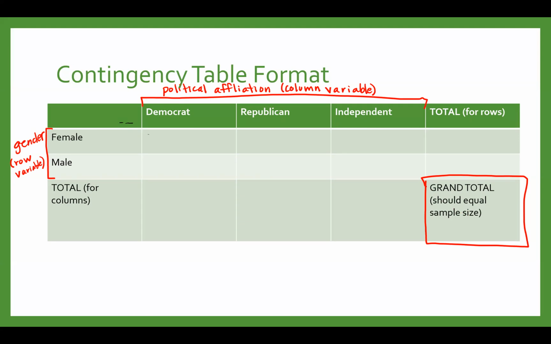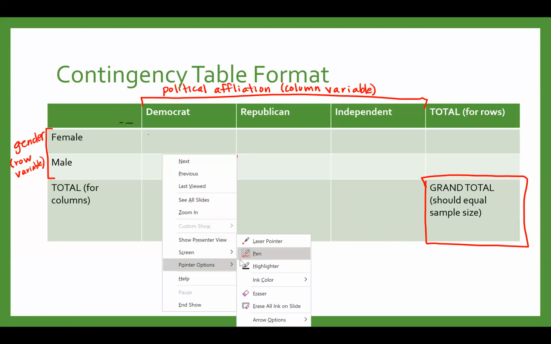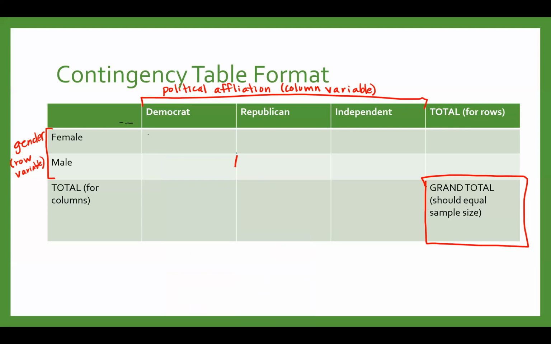Now, let's think about how to read this. For example, we don't have any numbers in here, but if we had numbers, if we were looking at this particular cell or block on the table, notice that that's on the row for male and the column for Republican.